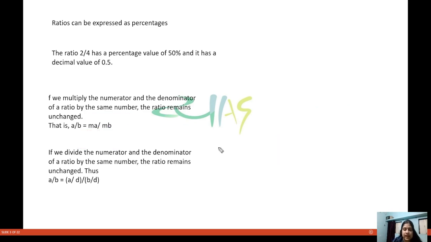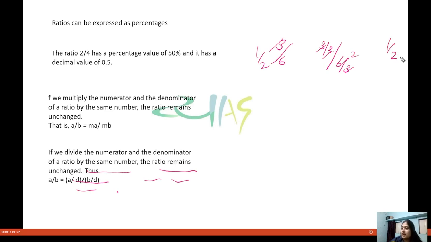Let's move on to another property. If we divide the numerator and denominator of the ratio by the same number, the ratio remains the same. For example, we are taking 3 by 6 only. Now, I divide this 3 by 3 and this 6 by 3. Earlier, what was the ratio? 1 is to 2. Now, what is the ratio? Again, 1 is to 2.